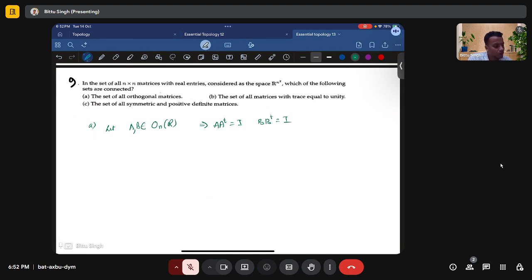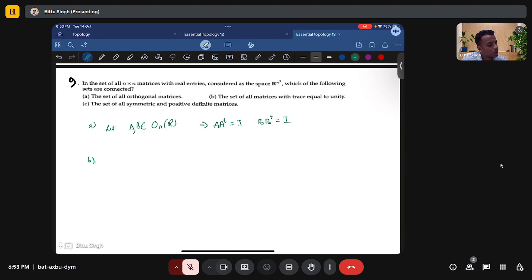And the reverse is also okay, B B transpose is identity. So we'll show that, no, that combination will not work if we take the convex combination. Okay, before that, let us consider option B.